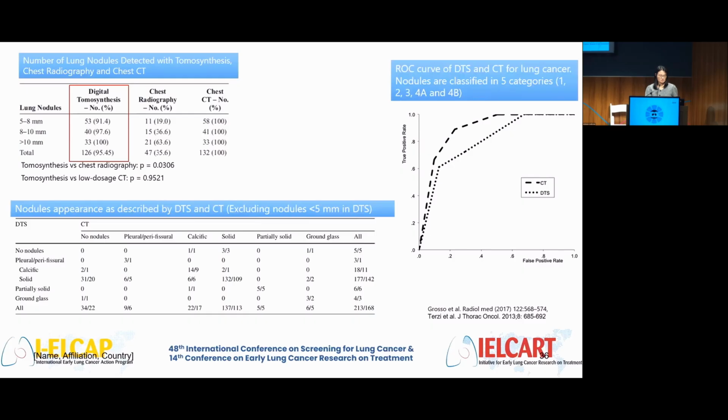Here again, look at the sensitivity, which shows good sensitivity for 5 to 8 millimeter nodules compared to CT as the reference standard, and chest X-ray is only 19%.